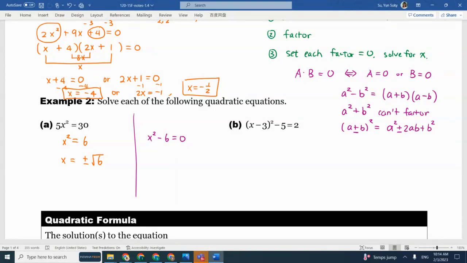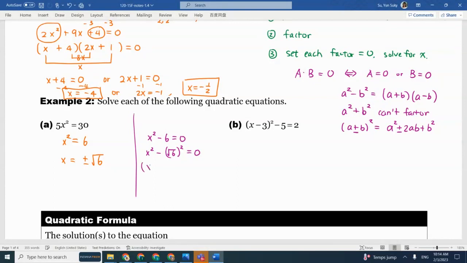Now, do you see this is like a difference of squares? x squared minus 6. Let's express 6 as something squared. We can think of 6 as square root of 6 squared.